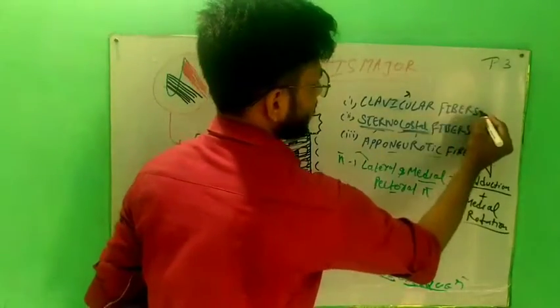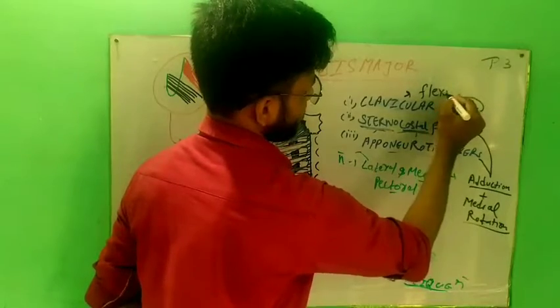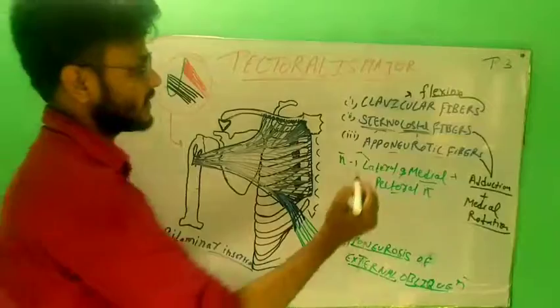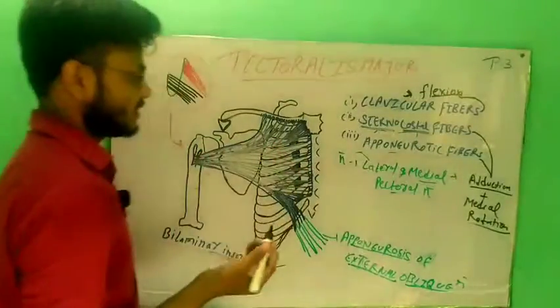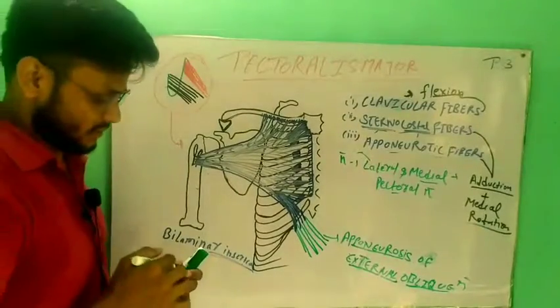And the clavicular fibers help in flexion at the shoulder joint. Clavicular fibers are also called the anterior fibers of the pectoralis major muscle.